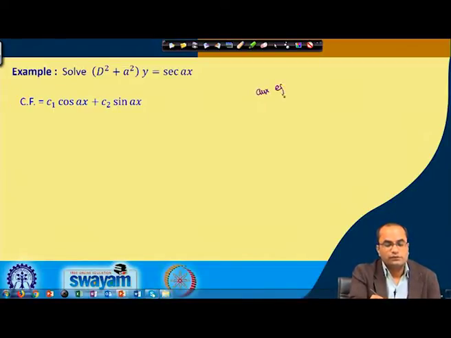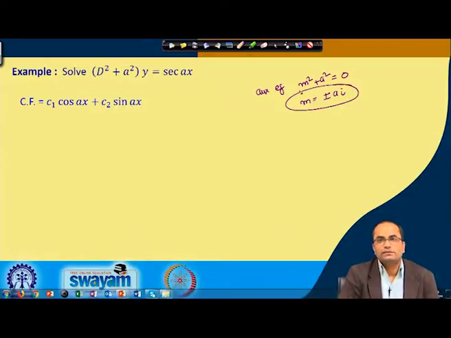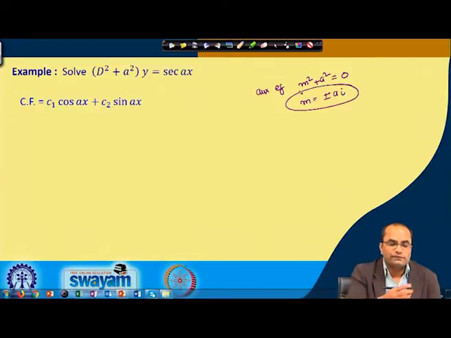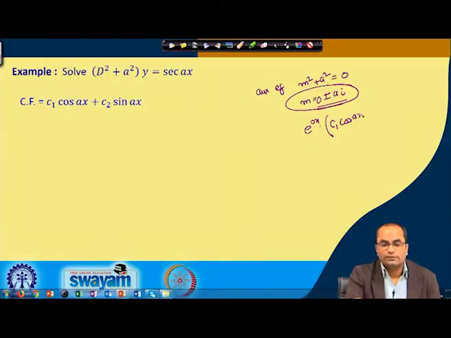The auxiliary equation in this case will be m square plus a square equal to 0, and we will get the roots as plus minus a i, a complex conjugate pair. Then we know how to write down the solution: it is e power 0 x times c 1 cos a x plus c 2 sin a x.